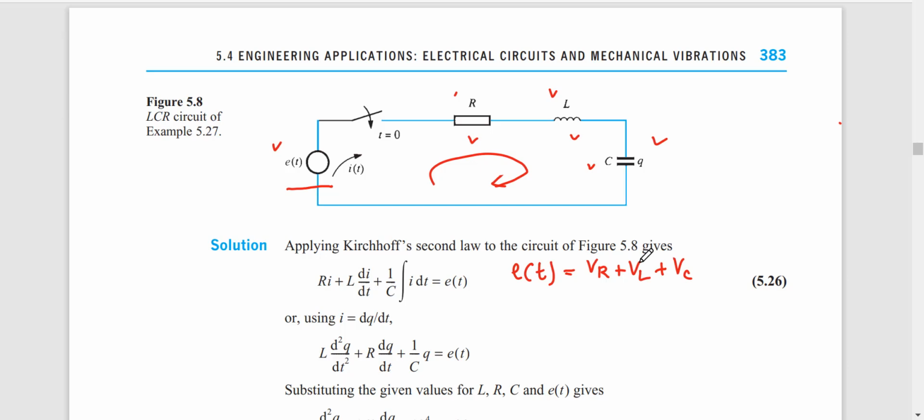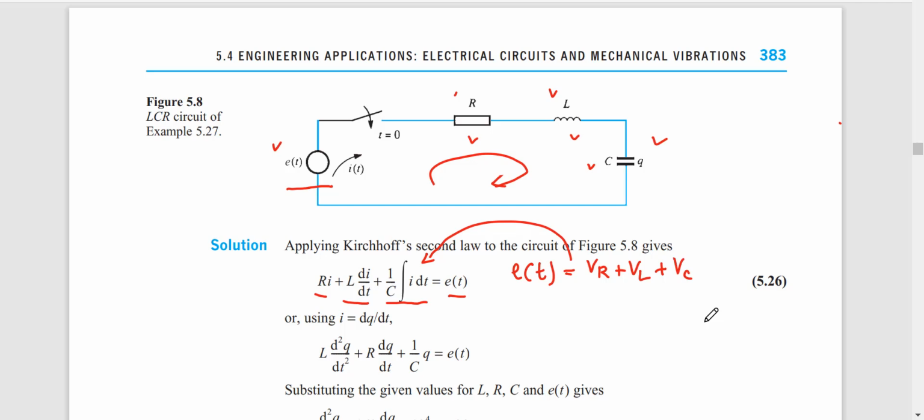Okay, so we can translate this using this one. So this is the E(t), and then this is the VR, and this is the VL, L dI per dt, and this is the VC. VC is 1 per C integral of I dt, equal to E(t). Because this is an integral, we can use the integral, or we can use the differential here.